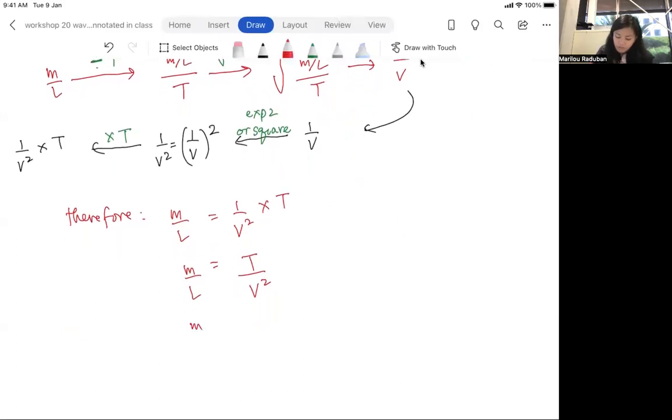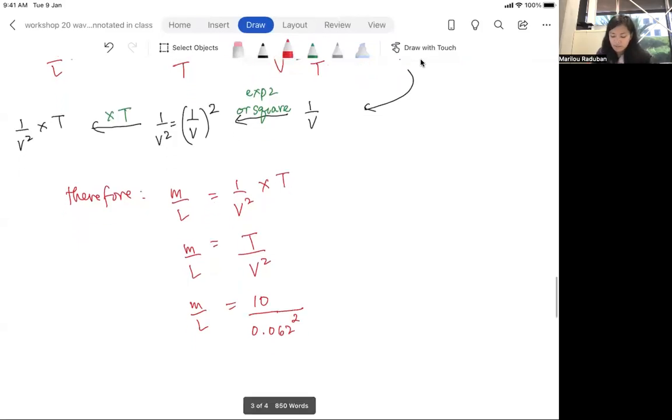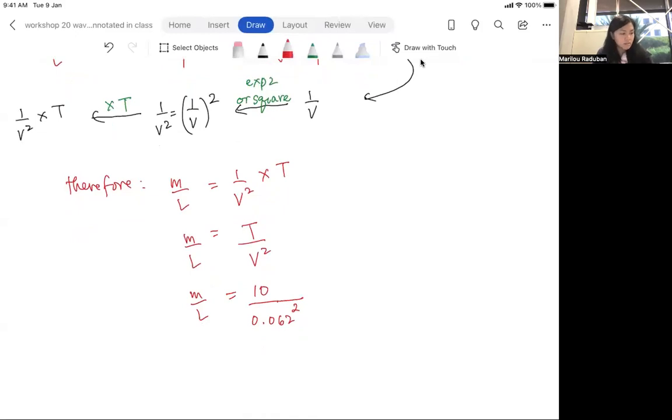Now it's just a matter of plugging in the numbers: 10 newtons for the tension and 0.62 for the speed. Don't forget to square that. M over L will be 26.01 kilograms per meter.